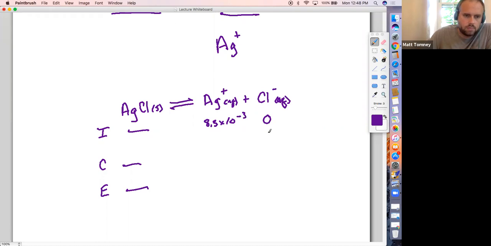Chlorine is 0. Now chlorine is 0, the chloride ion is 0, because the nitrate solution does not have any of that. So I still assume that there's no chloride at the beginning. Now for the change. This is as usual. It's going to be plus x, plus x. Okay, and so this is now at the equilibrium. We have 8.3 times 10 to the -3rd plus x, and then just x over here.